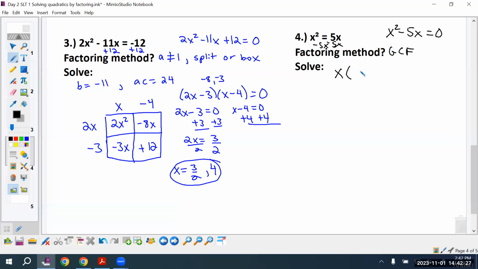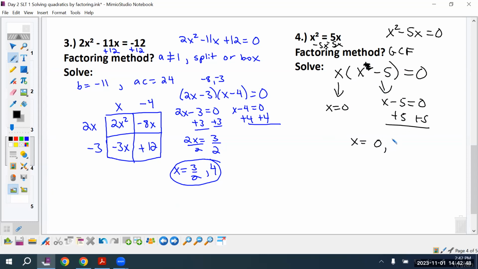If I take out the x, I'm left with x minus 5. I'm going to set x equal to 0 and x minus 5 equal to 0. Add 5 to both sides, and I get my solutions are 0 and 5.